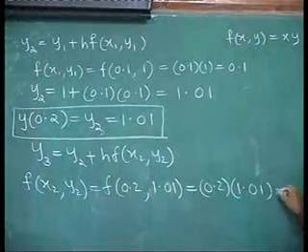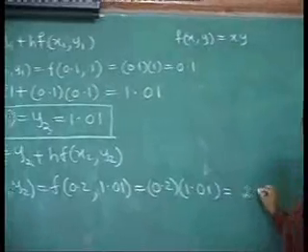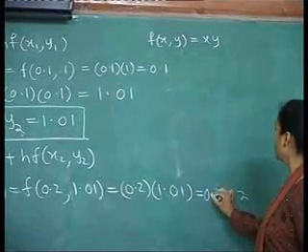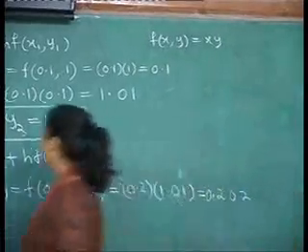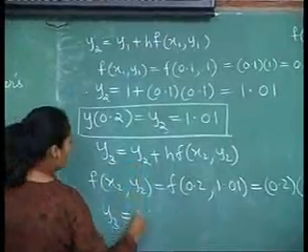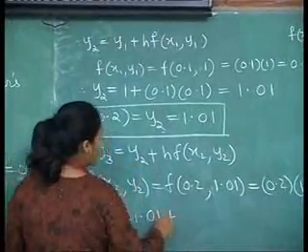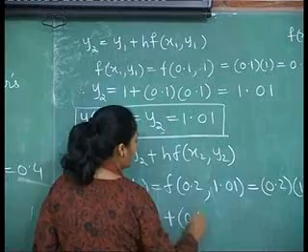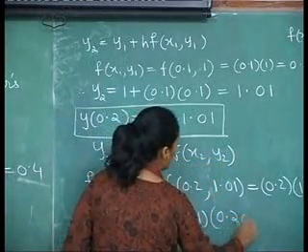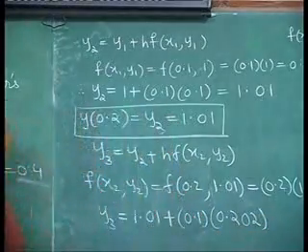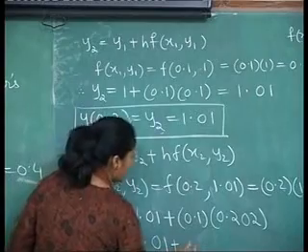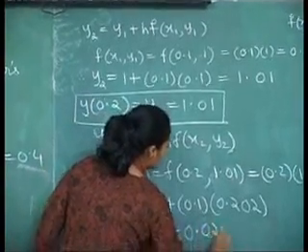So this will turn out to be 0.202. So y3 will be equal to y2. y2 is 1.01 plus h is 0.1 into f of x2 y2. f of x2 y2 is 0.202. I will sum up the calculations here. 1.01 plus 0.0202.